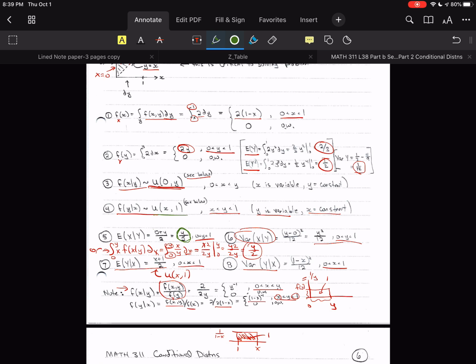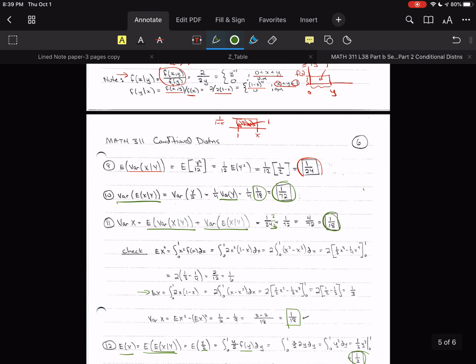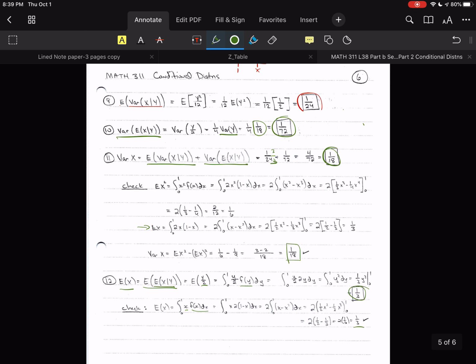So you can always go back to the definition, because this was a special case where with the uniform, we know what the variances and the expected value are easily, but you could do it longhand and come out with the same answer. So when it's not this special case, you'll have to use the formula.